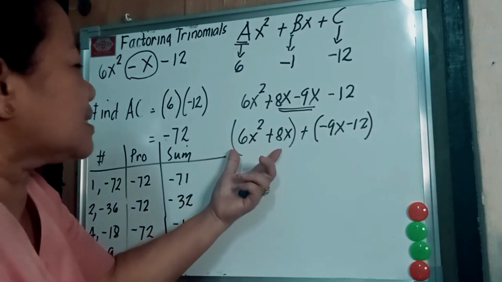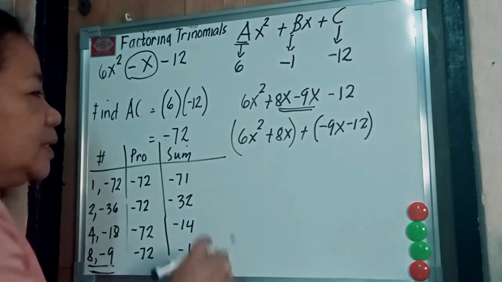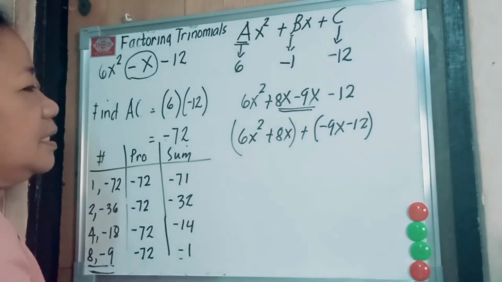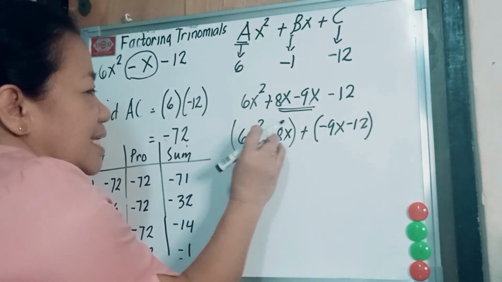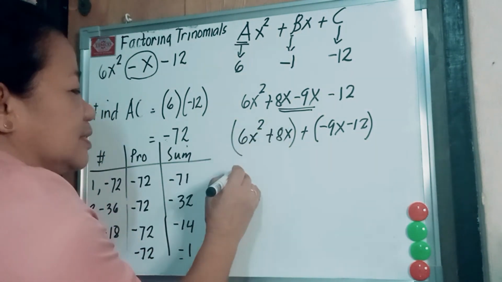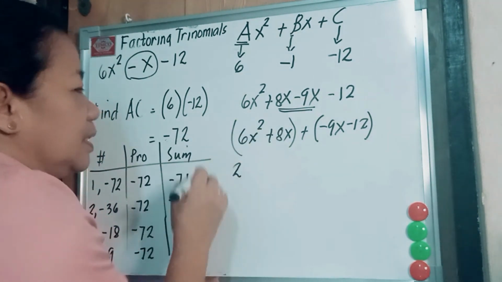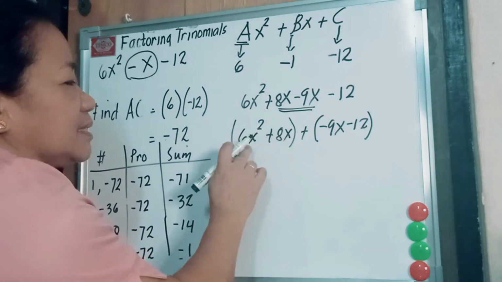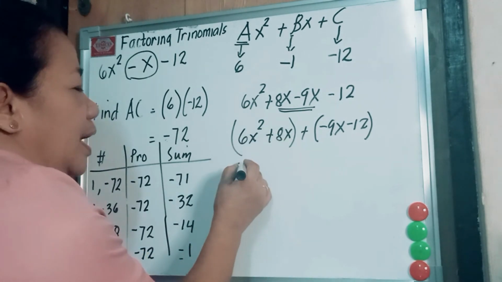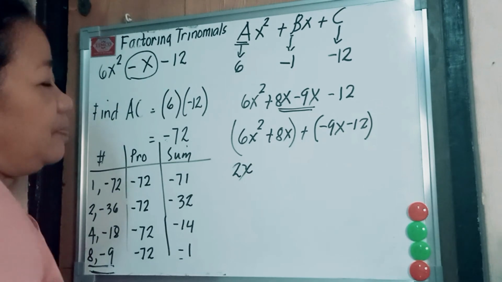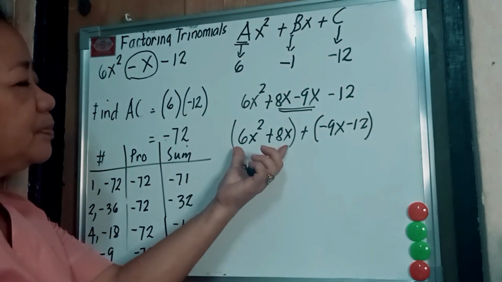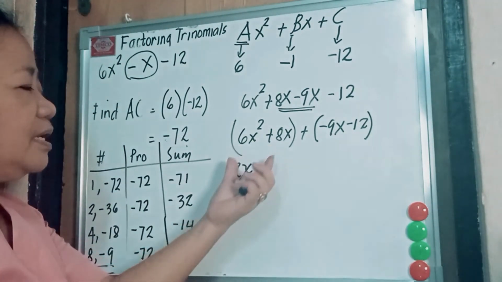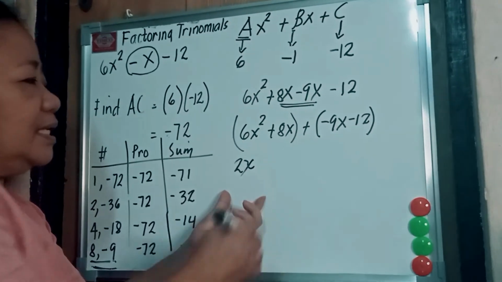For the first group, what is common to the two terms? For 6 and 8, common is 2. Since both of them have a variable x, we have to write x. So, common for these terms is 2x.